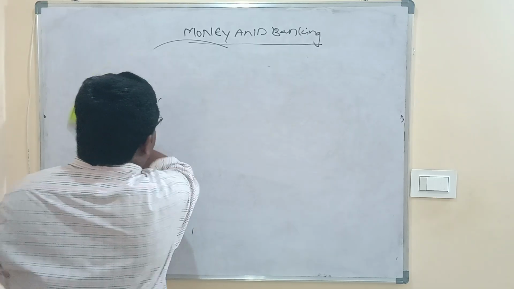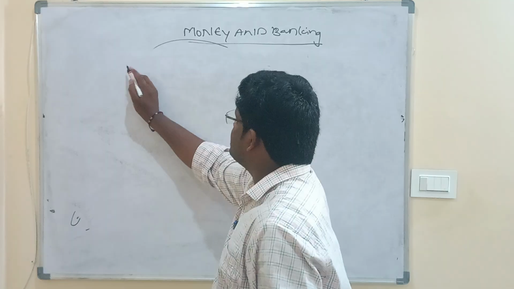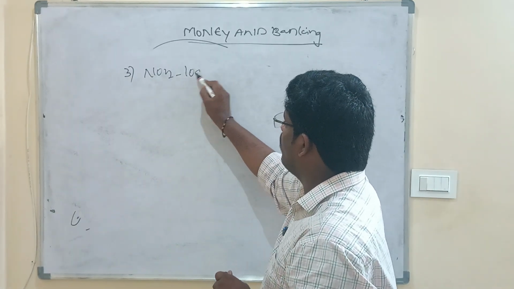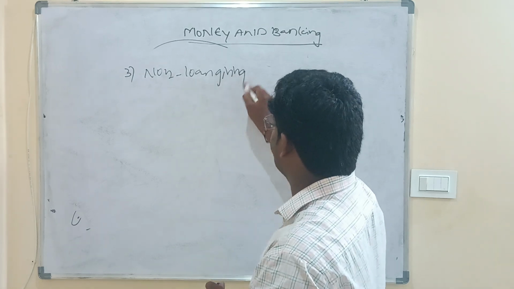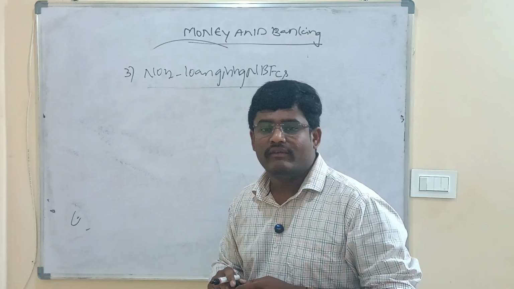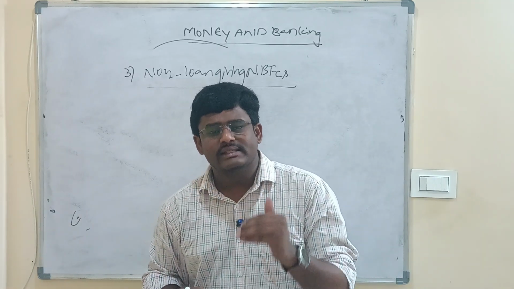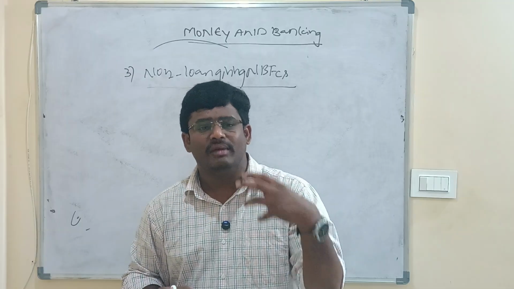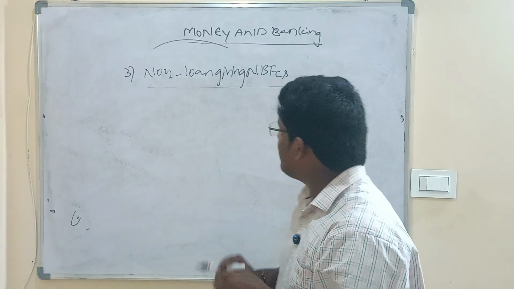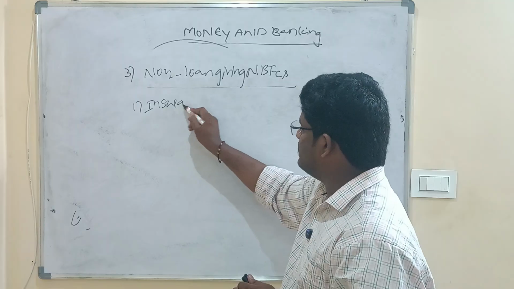Once we have done the second feature, the next feature of NBFCs is that there are certain non-loan giving NBFCs. What does it mean? There are certain NBFCs that do not provide loans, like insurance companies.